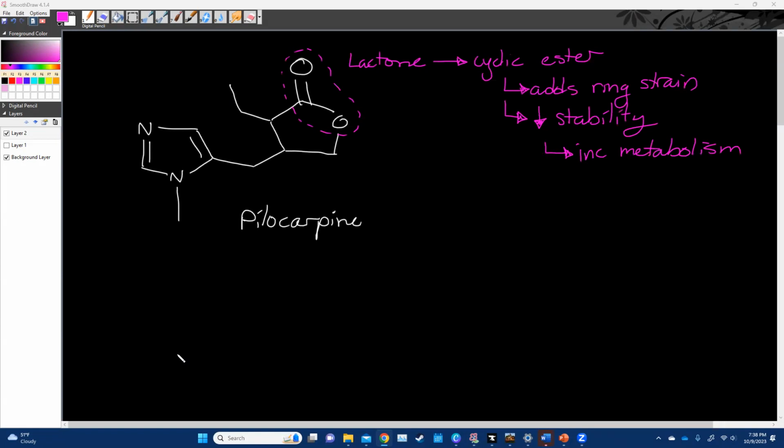So it would be easier for the pilocarpine to be metabolized in general, right?